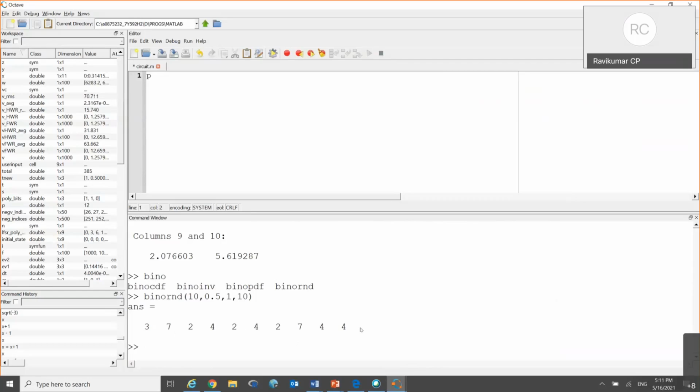Let us assume that there is some voltage. Let us assume that the frequency is 50 hertz. There is one sinusoidal: let us say 10 times sine of 2 pi times 50 t, with t from linear space 0 to 2 times.